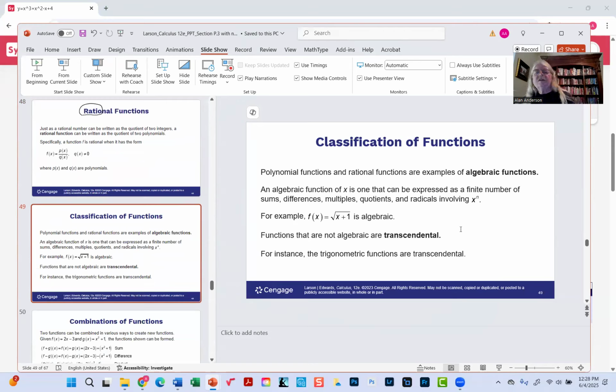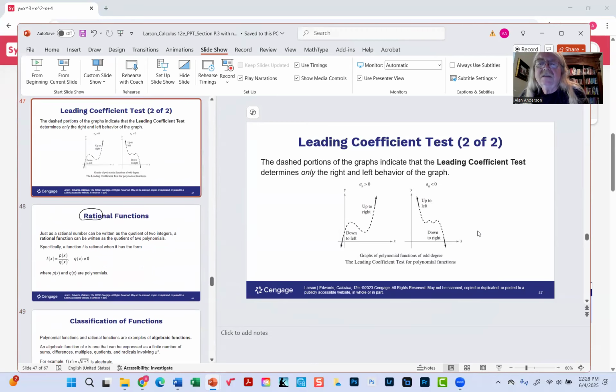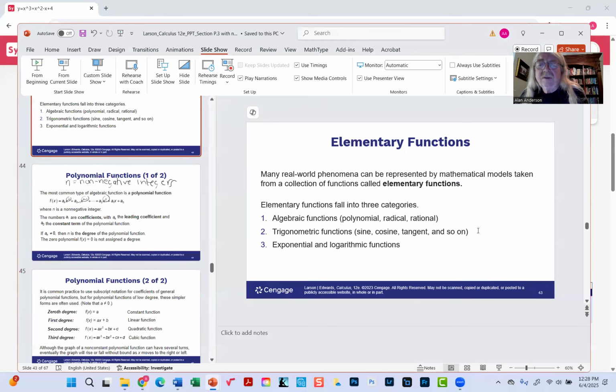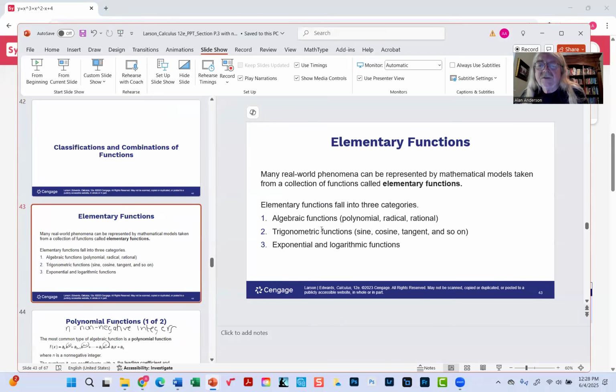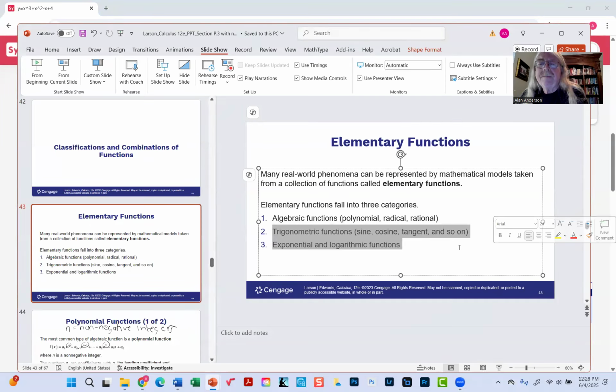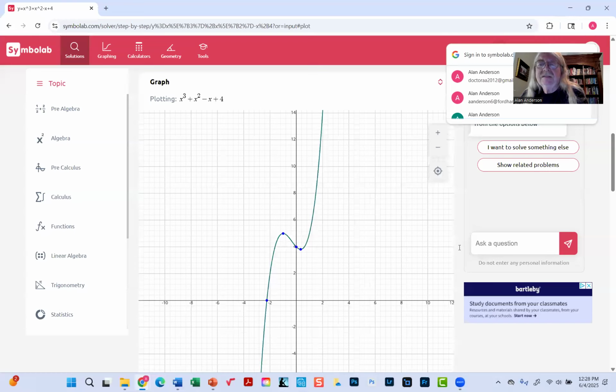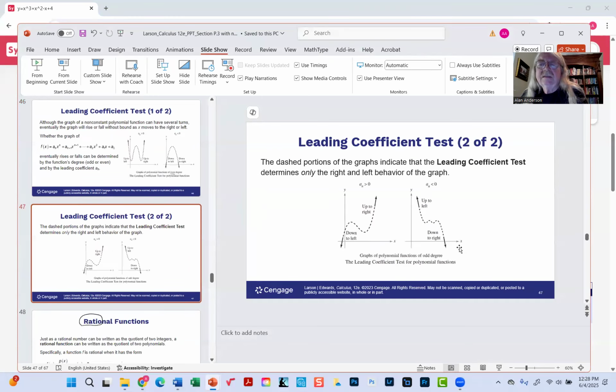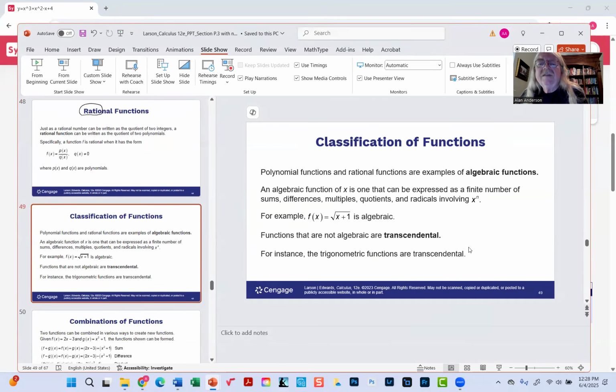Now, polynomials and rational functions are types of algebraic functions. They're clearly not logarithms, not exponentials, and also not trig functions. But we have this other classification. Algebraic functions must contain a finite number of terms.